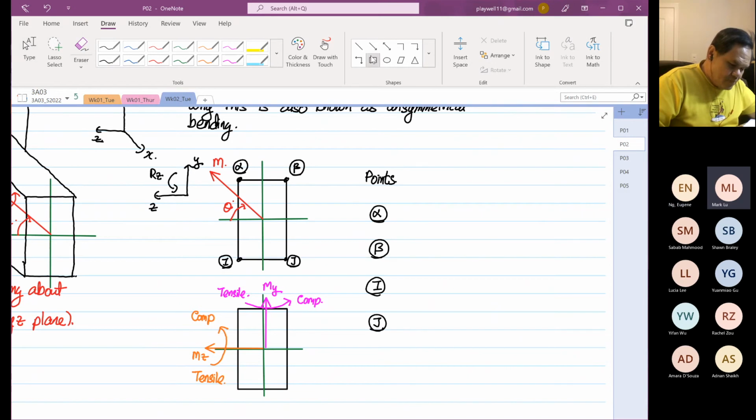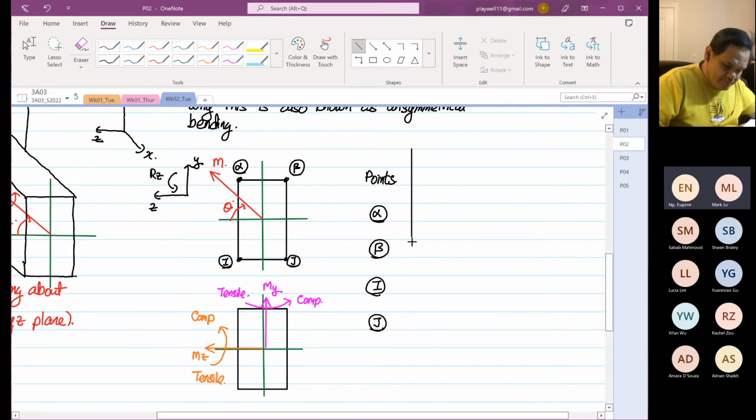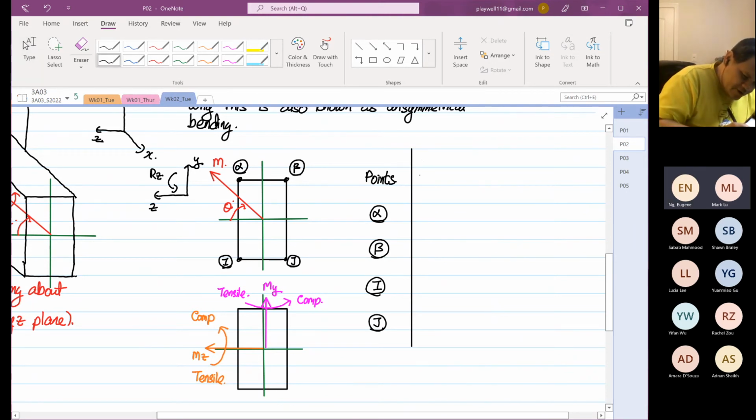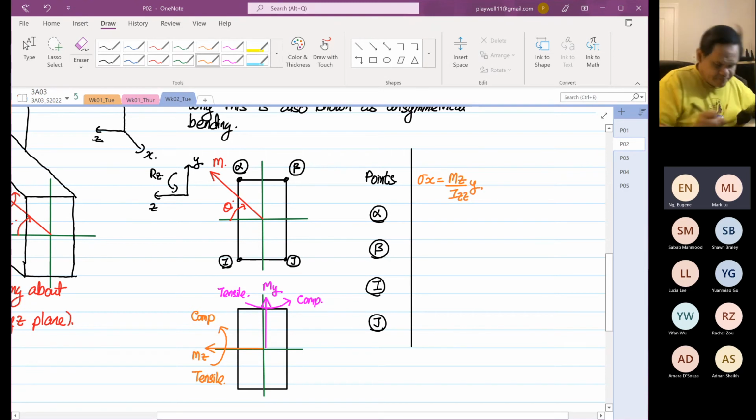And then what we're going to do, the next column, we are going to find stress x will be equal to Mz over Izz multiplied by y. Okay. The focus over here, let me use orange. So stress x is equal to Mz over Izz multiplied by y.